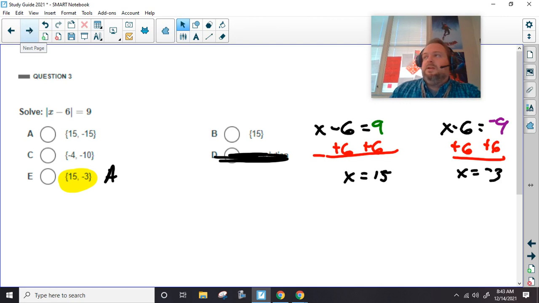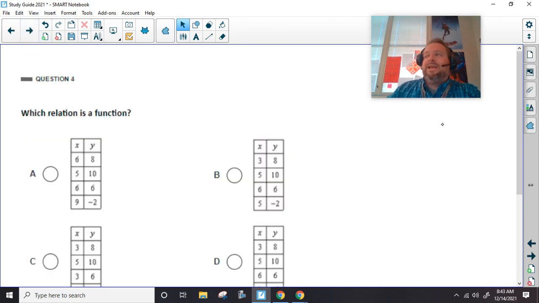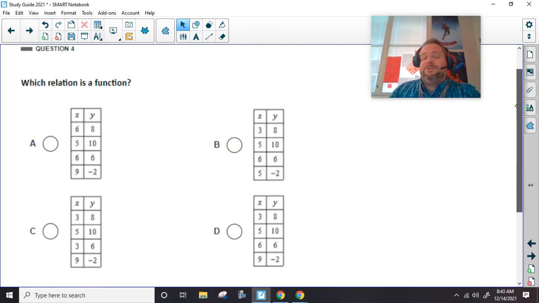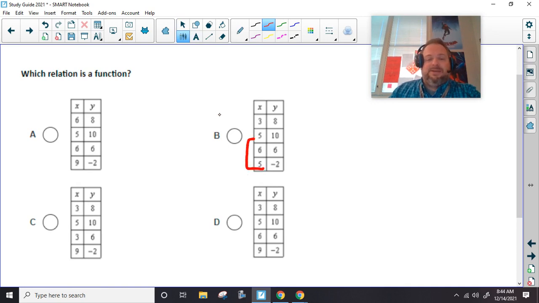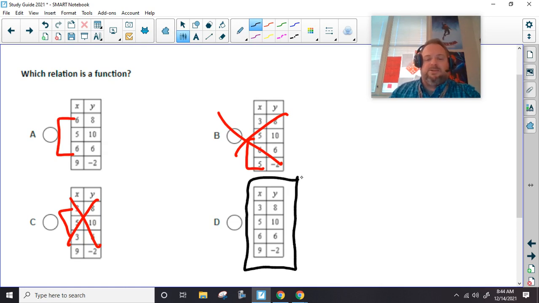So number 4. Remember, this is very similar to what I gave y'all before, where I said which one is not a function, and it says which one is. Well, let's see. This repeats, so it's not this one. So it should be the one where none of the x values repeat.